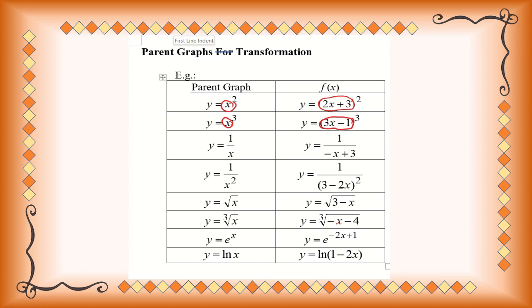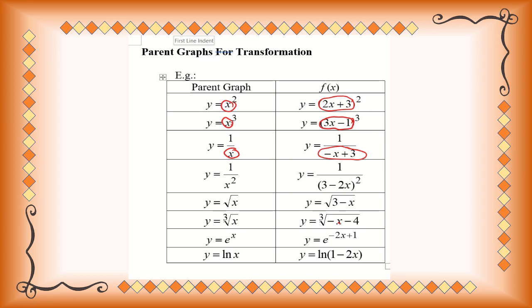Then y equals 1 over x is the parent graph of y equals 1 over (negative x plus 3). So when we compare, we find that x is now transformed to negative x plus 3.